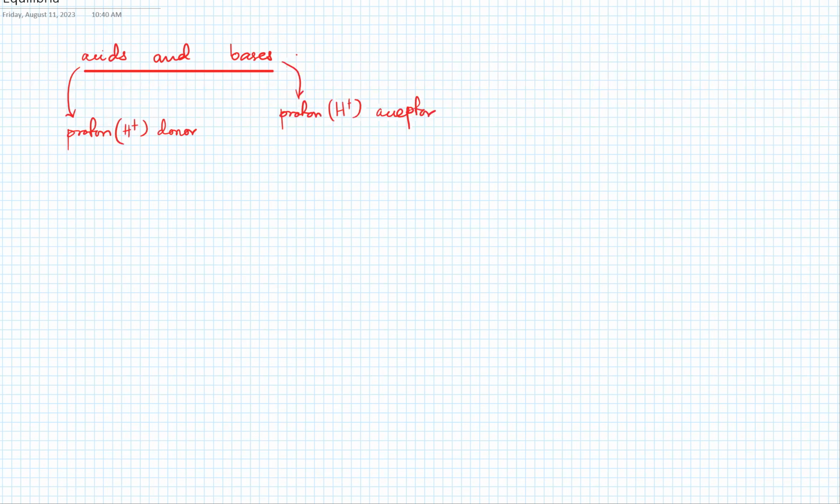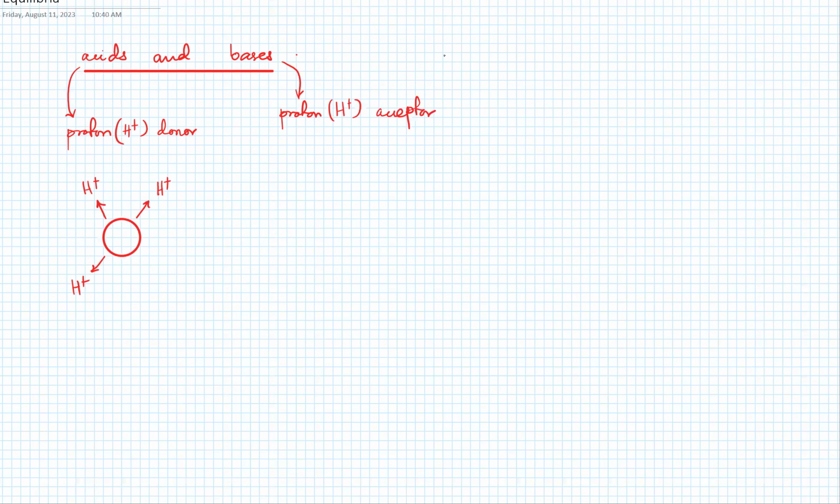So basically an acid is a molecule, it could be any molecule that releases H+ ions. So if there's someone who's giving off H+ ions, that's what an acid is, and vice versa.